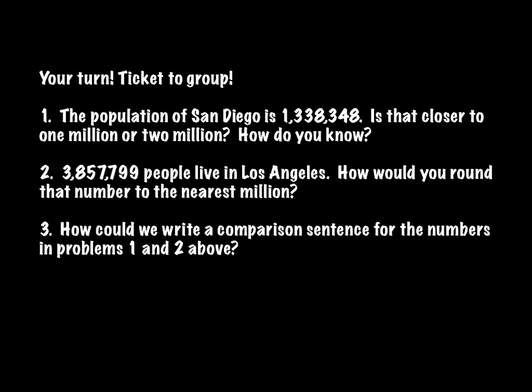Number 3, how could we write a comparison sentence for the numbers in problems 1 and 2 above? Now remember, a comparison sentence would be using probably greater than, less than, equal to, possibly.